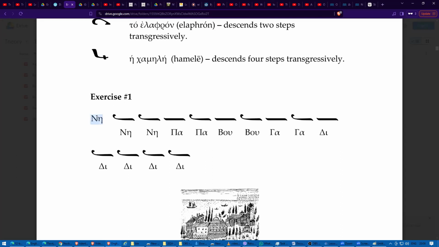So if we were to say exercise 1, we don't have to sing it, but we can see that it starts with the ni here, and we go ni, ni, pa, because this is oligon, pa again, because this is ison, we go vu, because we have oligon, vu again, because we have ison, ga because of the oligon, ga again because of the ison, the because of the oligon, and then again the, because all of these are ison.